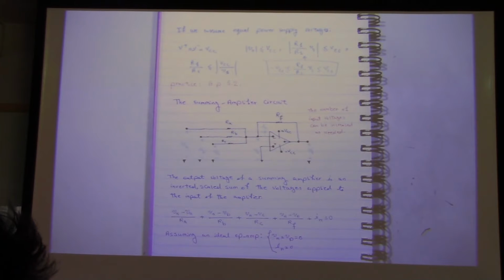So what does an inverting amplifier do? It inverts the output and changes the scaling. How? RF and RS. So it is RF over RS. So those two resistors are important when we use an inverting amplifier.